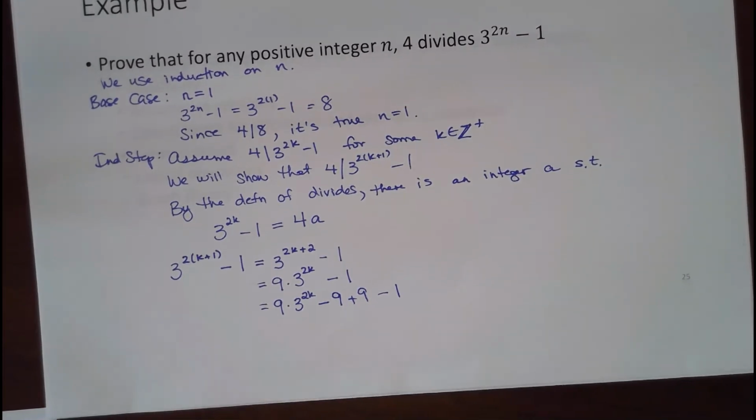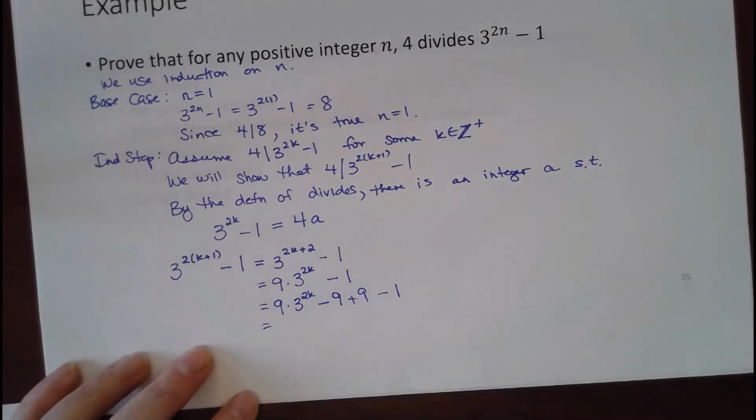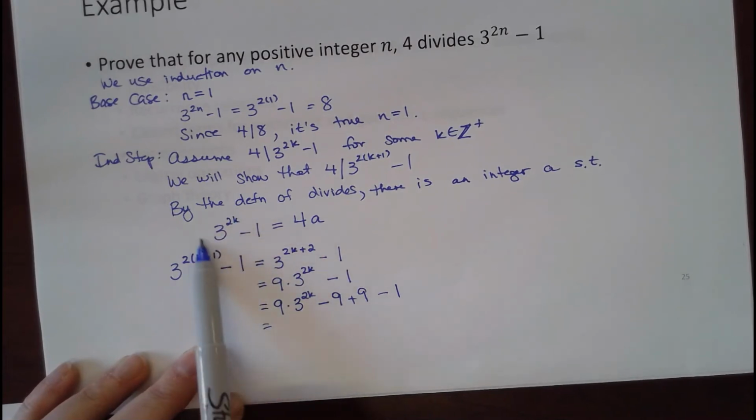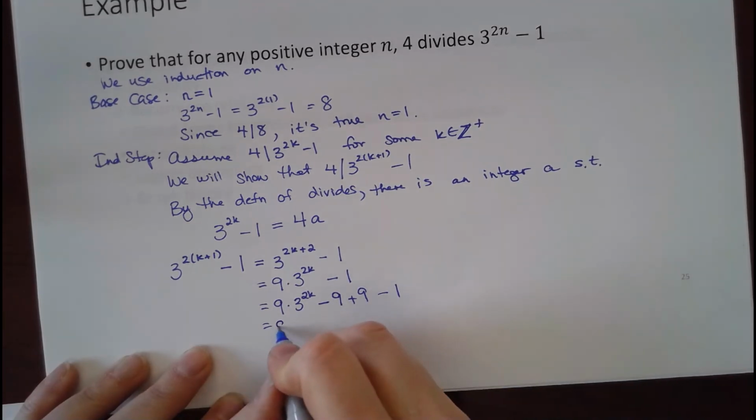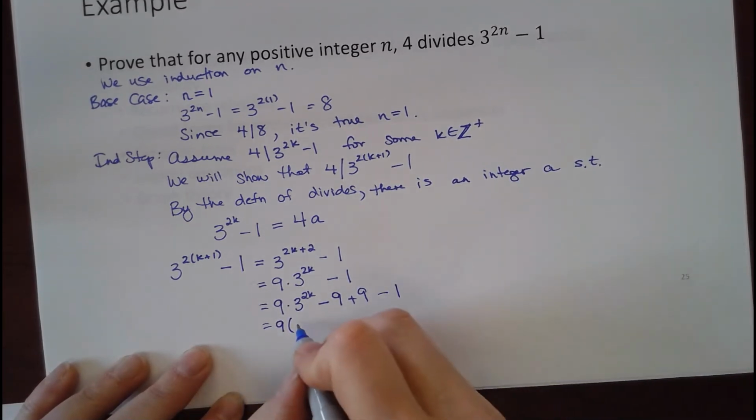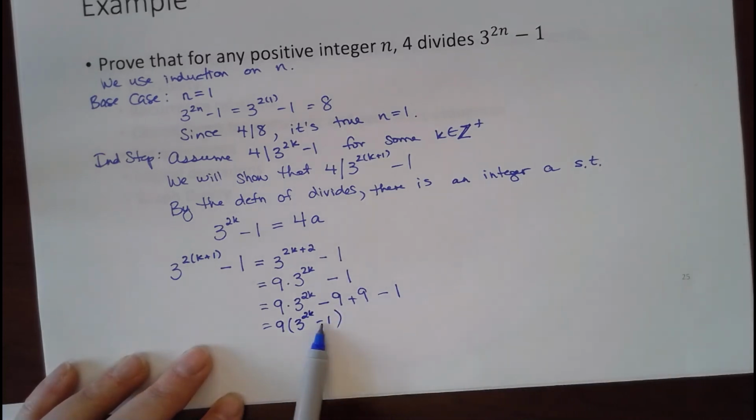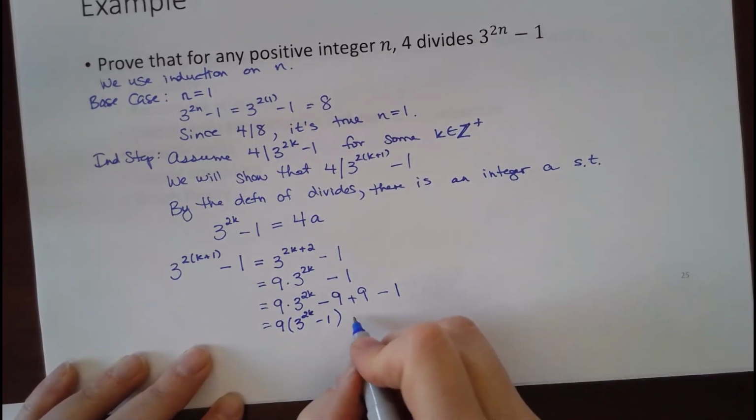But when I added 0 to it, I did that in such a way to help me get something that uses my inductive hypothesis. So I can just group these first two together, factor out this 9, and I'll have 9 times 3 to the 2k minus 1. I love that because I know something about that. And then the rest of this just gives me 8.